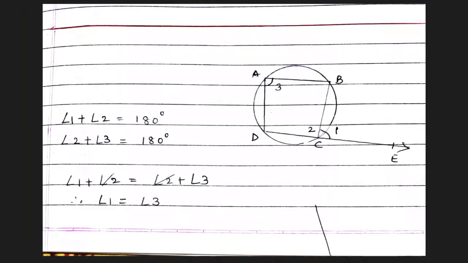The exterior angle of this cyclic quadrilateral is angle BCE. You have to prove that this angle is congruent to the angle opposite to the adjacent interior angle. So which is the angle which is adjacent to it? Angle 1, BCE, is the exterior angle. The angle adjacent to it is angle BCD, which is angle 2. The angle opposite to it is angle BAD, that is angle 3.